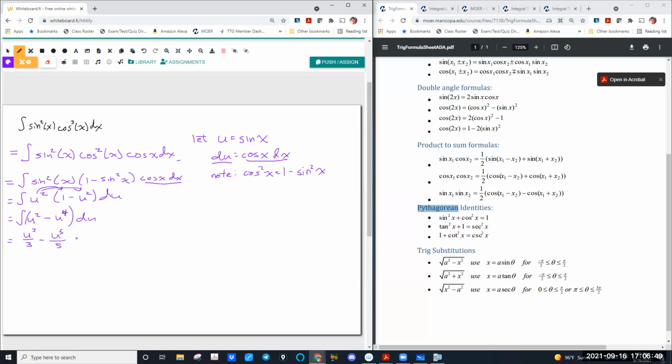It's an indefinite integral, so we'll need a plus c. And as we've discussed before, our last step is to substitute back. So sine cubed x over 3 minus sine to the 5th x over 5 plus c. And there is our antiderivative.